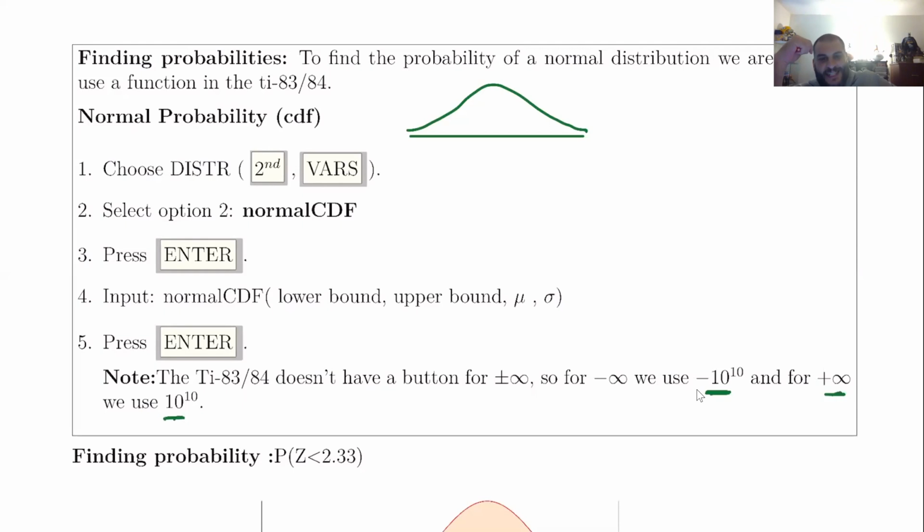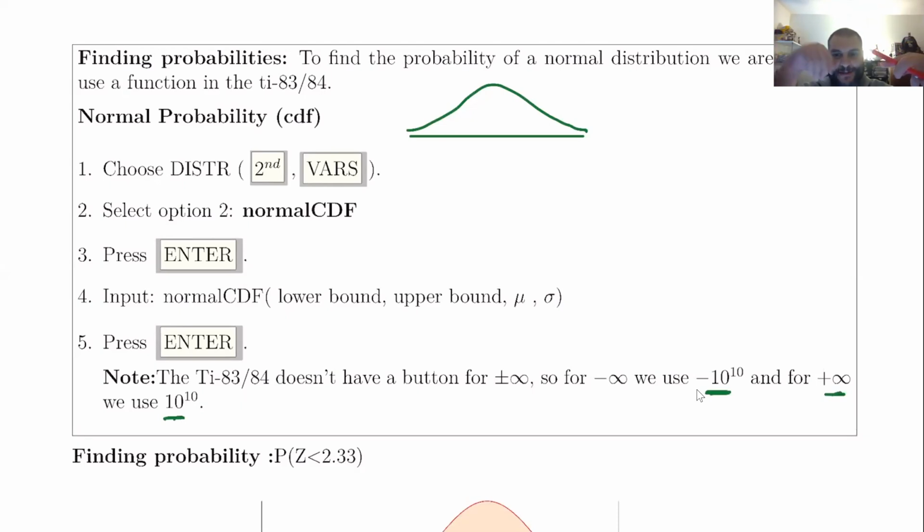Whenever I mention negative infinity or positive infinity, in your calculator you're going to enter negative 10 to the 10 power and positive 10 to the 10 power. All right, so those are your instructions so you can figure out how to get to the normal distribution.